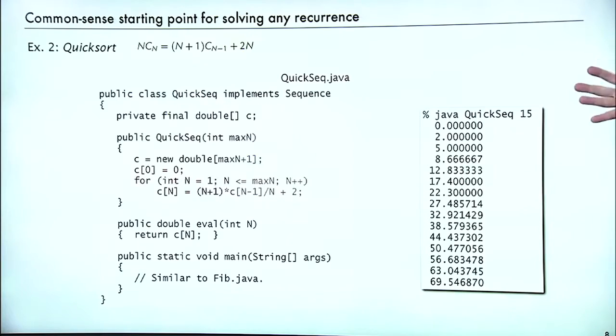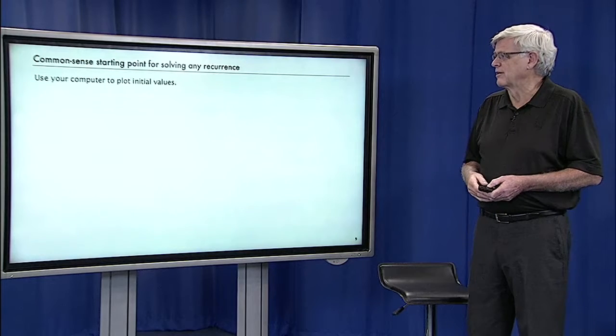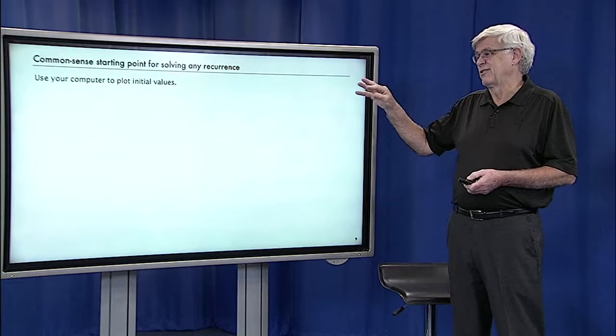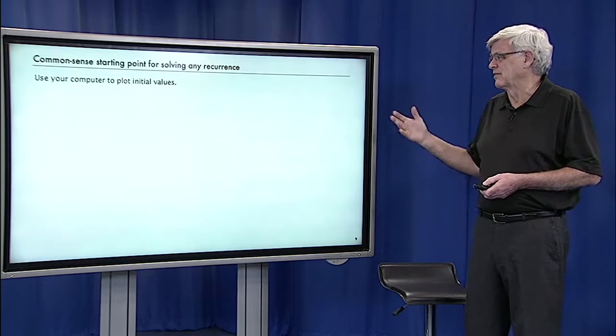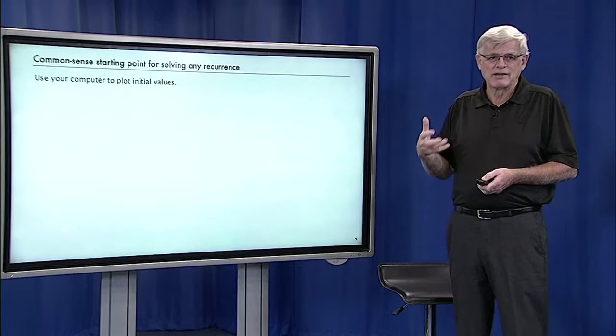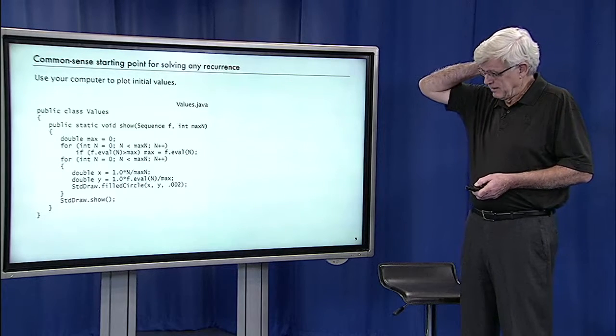So that's a good first start, so we can get some idea of what these numbers are. But actually, often what we want to do, and I'll have plenty of examples in this lecture, is plot the initial values. We want to draw the curve to get some idea.